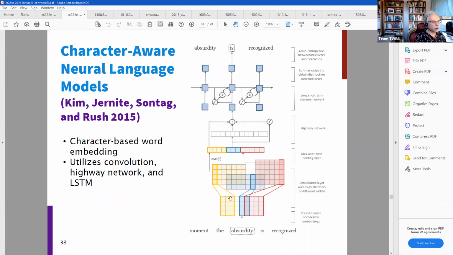And that's because if you slide this convolution over the 9 words, you get, okay, if the sentence is of length n and the filter is of length m, then you get n minus m plus 1 results from the convolution filter.